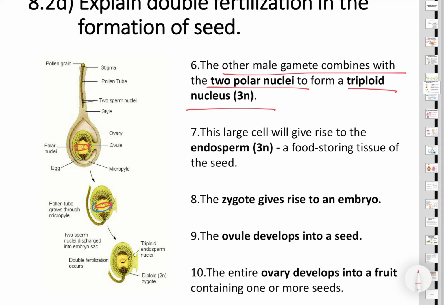Okay, this triploid nucleus will give rise to endosperm, where it will supply the nutrient to the seed. After fertilization process berlaku, the zygote tadi, diploid zygote ini akan membentuk embryo. Kita punya ovule yang ada embryo sac tadi akan develop into the seed, and the entire ovary akan develop into a fruit. Okay, so that is the completion of process double fertilization.